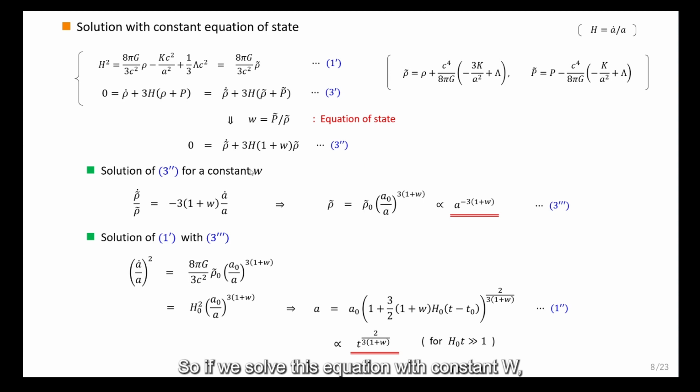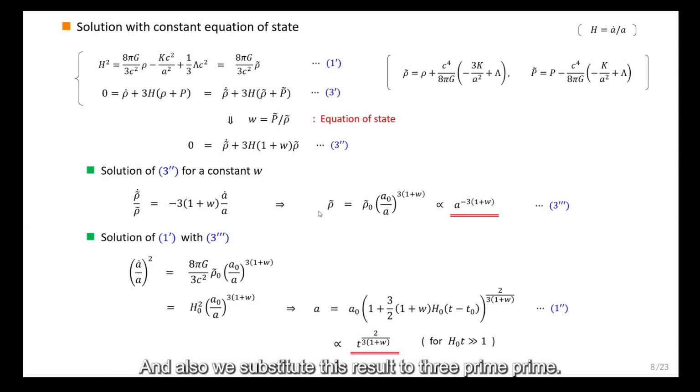If we solve this equation with constant w, then finally you can get the solution in this form. Roughly, rho tilde is proportional to the scale factor to the power of -3(1+w).